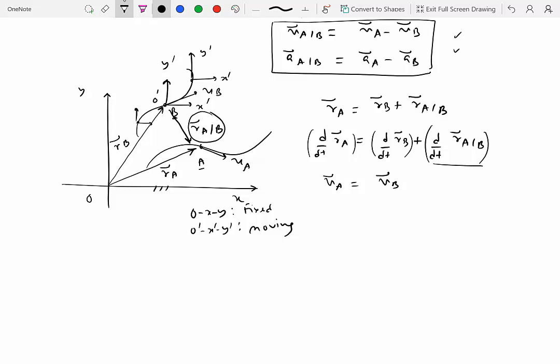Now, if B was not moving with a translating reference frame, then that would be a problem. Why? So let's look over here. So this is the reference frame O prime, X prime, Y prime. This is your moving reference frame. In this moving reference frame, we have this vector R of A with respect to B, which I'm going to show now in a different color. R of A with respect to B. And let's say at a particular instant, it's making an angle theta. All right.